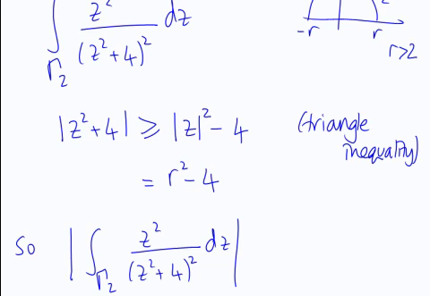What we have for this is that this is less than or equal to, and now I'm going to use the estimation theorem, which again you may need to look up if you are unfamiliar with it.